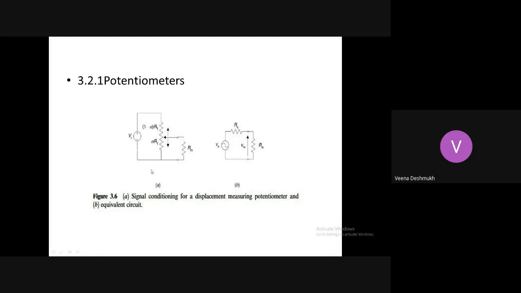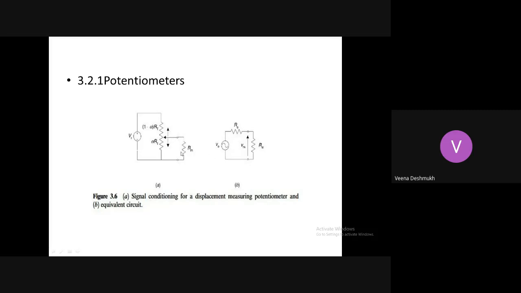If I convert the same network to its Thevenin's equivalent, then this parallel combination gives me, you can check here, 1 minus alpha into R1 plus alpha R1 gives me the total resistance R1 or RT or whatever is the total resistance. So the Thevenin's equivalent circuit looks somewhat like this.